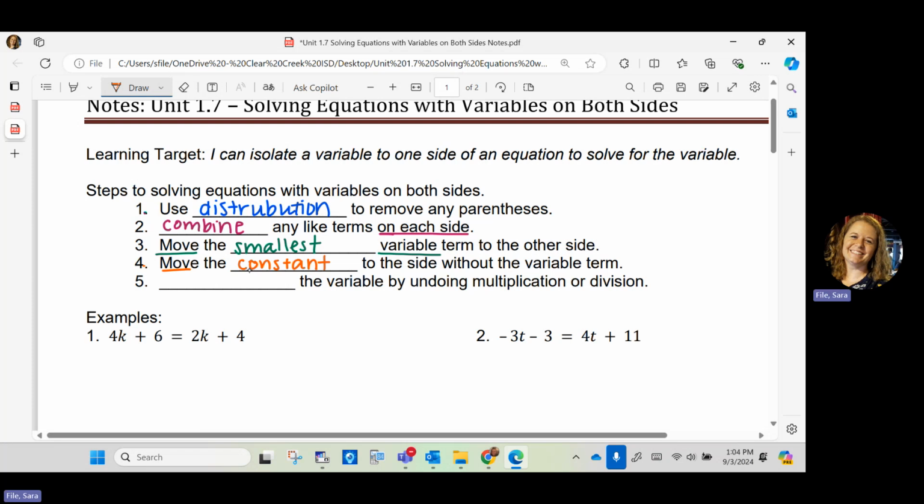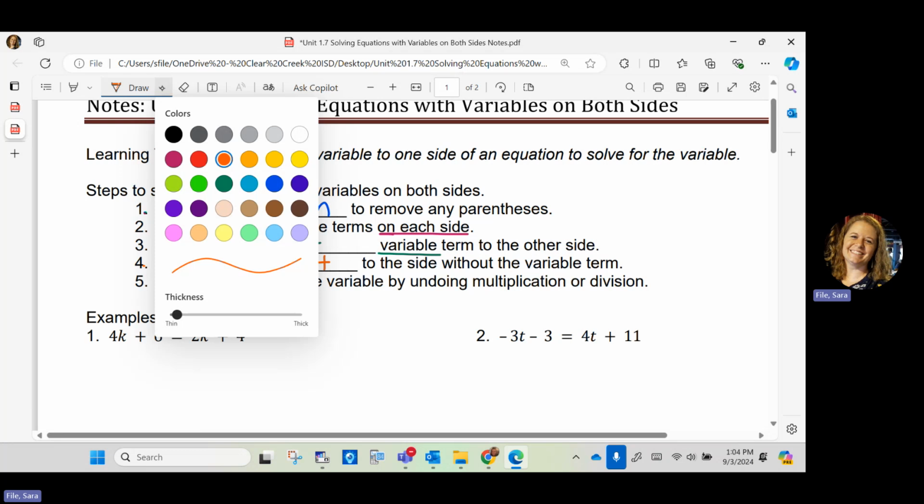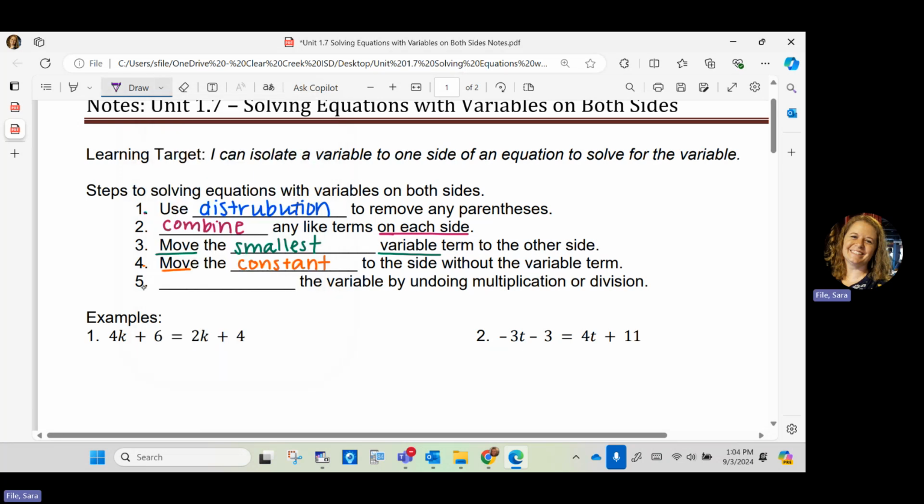And then last but not least, if you've gotten your variable term isolated, you sometimes need to get rid of a coefficient in front of it. There's a number attached to your variable. We're going to isolate the variable by undoing the multiplication or division, whatever it is.